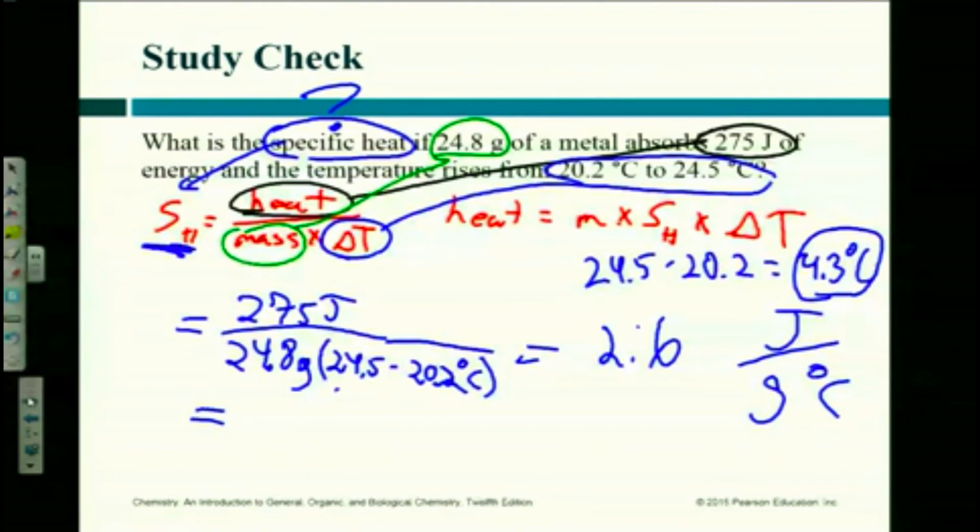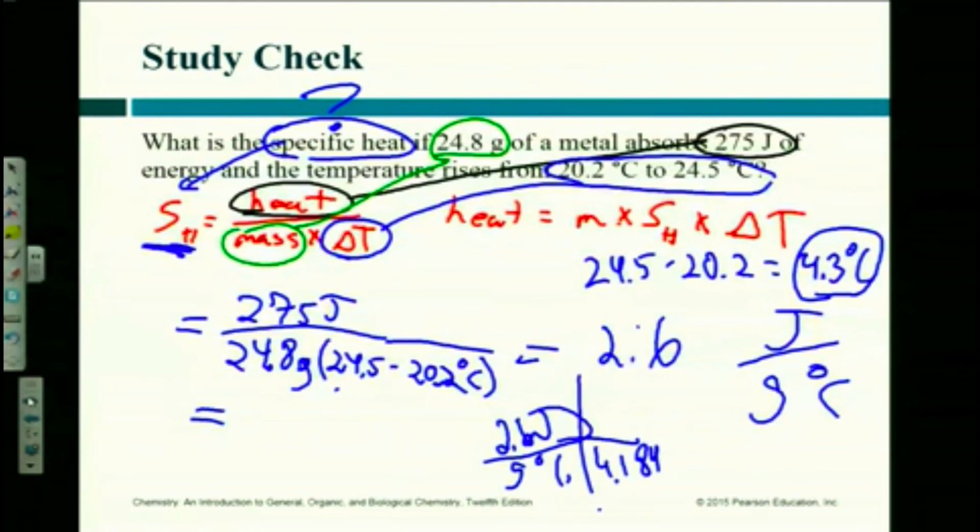You could change it to calories if you wanted to. So if the problem asked you for calories, you would change it. You just convert it to get to calories.